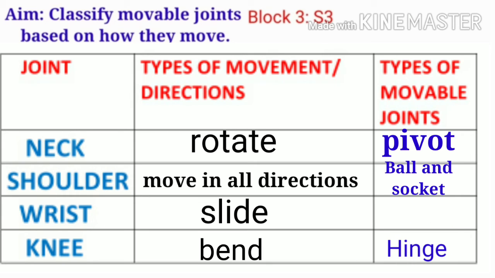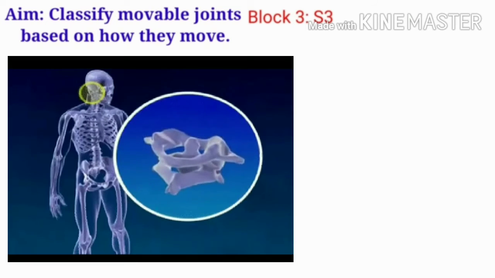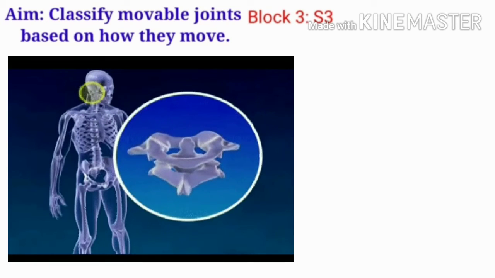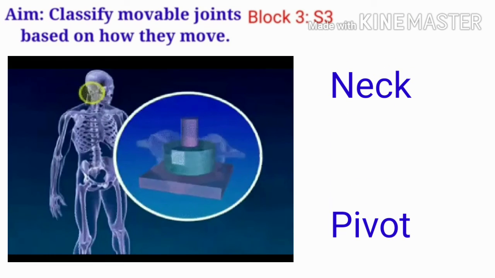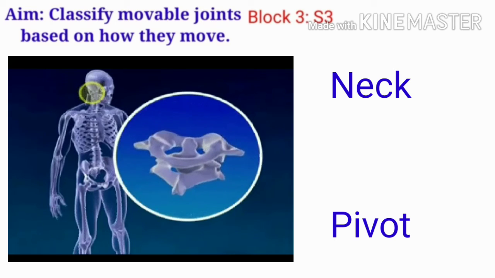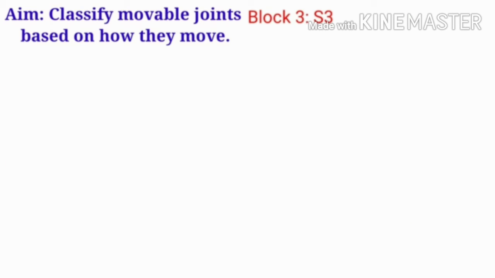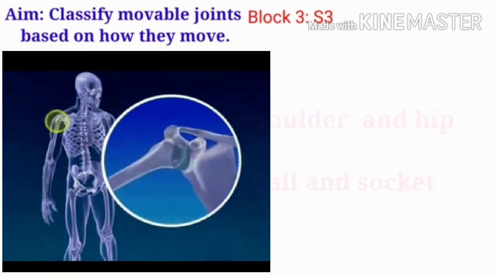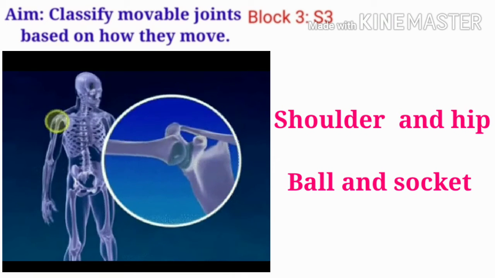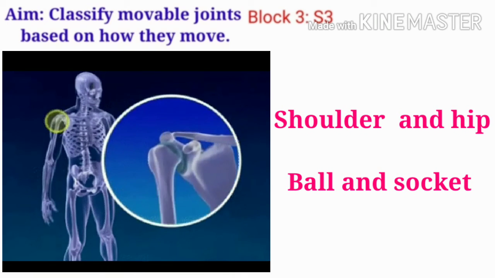Observe the next videos carefully. Our neck can rotate or twist around a fixed point, so it is a pivot joint. The shoulder and hip can move freely in all directions, so it is ball and socket.